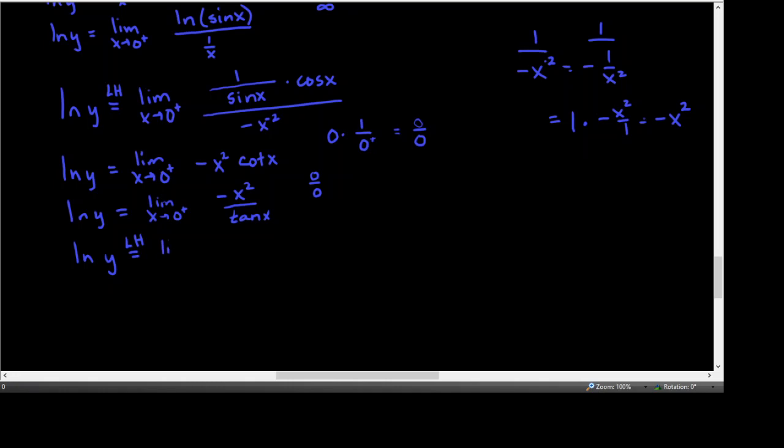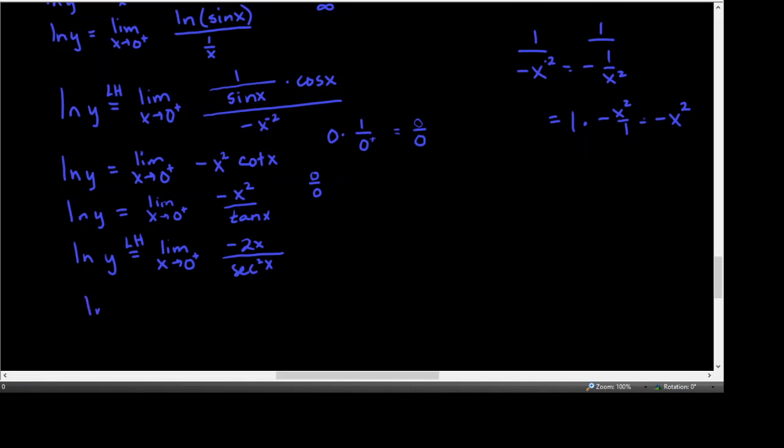So got to be real careful. You can't indiscriminately just start taking derivatives all over the place. You can only do this if it's 0 over 0 or infinity over infinity. All right, so the derivative of the opposite of x squared is negative 2x. And the derivative of tangent of x is secant squared x.